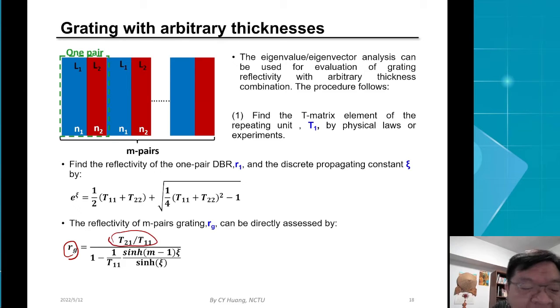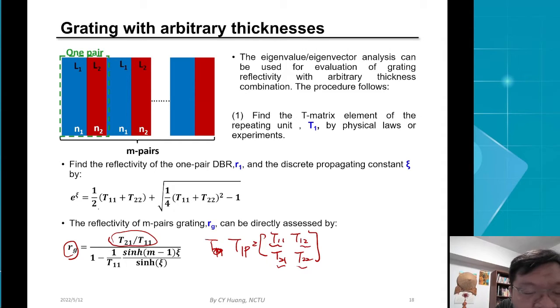Since if you have the T1P, T1P is equal to T11, T12, T21, T22. You have these four elements, then you can have its Kc.